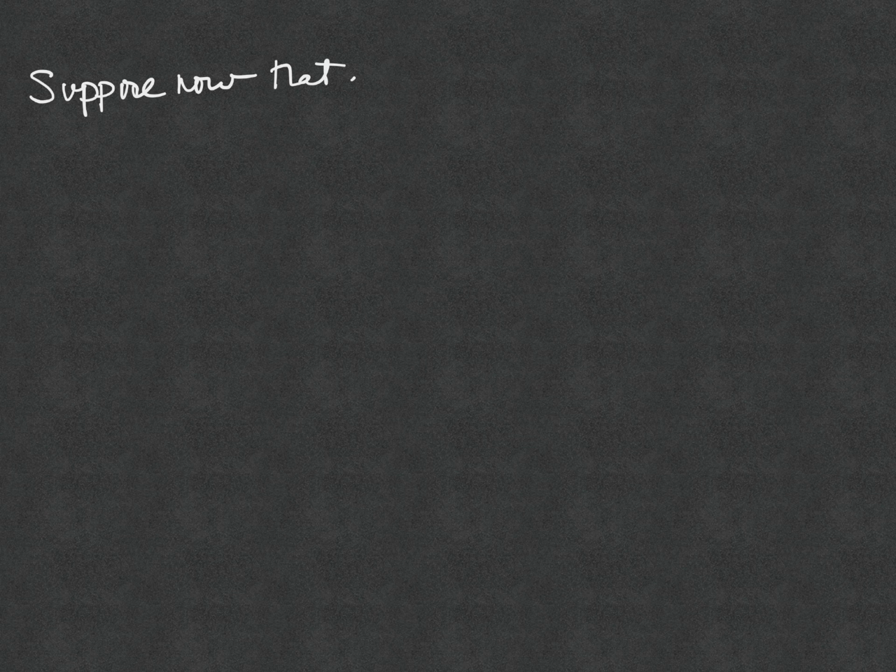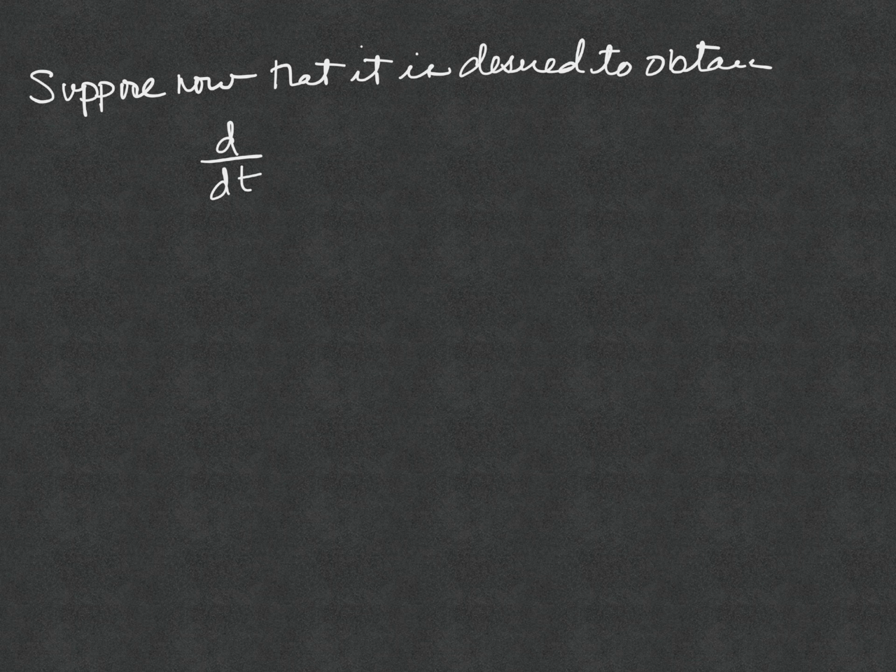So suppose now that it is desired to obtain the rate of change in the ground of the velocity of point Q as viewed by an observer fixed to the ground. This quantity happens to equal the acceleration of point Q as viewed by an observer fixed to the ground.